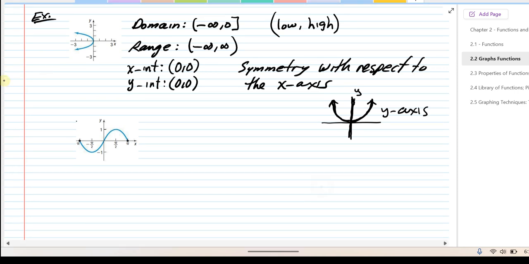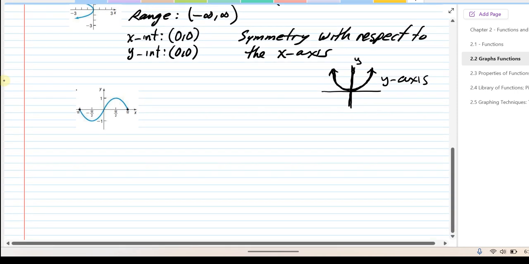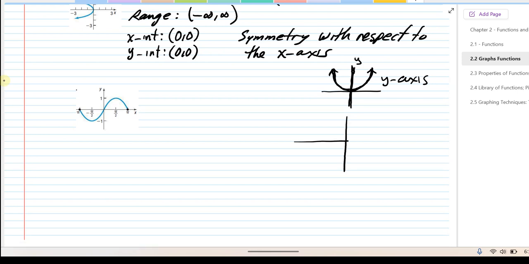And the other kind of symmetry that we often look for is symmetry with respect to the origin, which is a single point. So for instance, let's say I have this nice looking curve, then I have the same nice looking curve this way.